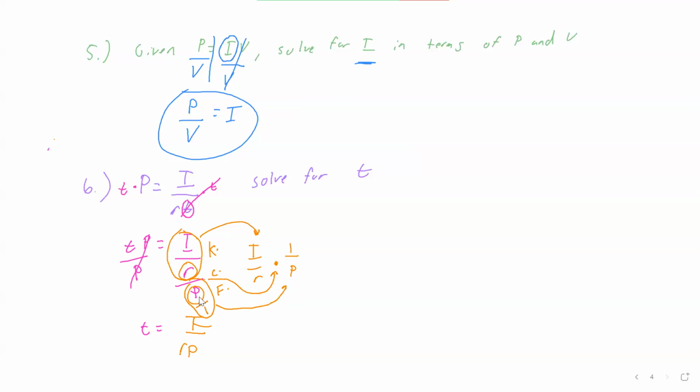So it was originally P over 1. Now it's 1 over P. And then we talked about this Monday, multiplying fractions, we just multiply straight across. So I times 1 is I, and then R times P is RP. So that's why we were able to get to this point right here.